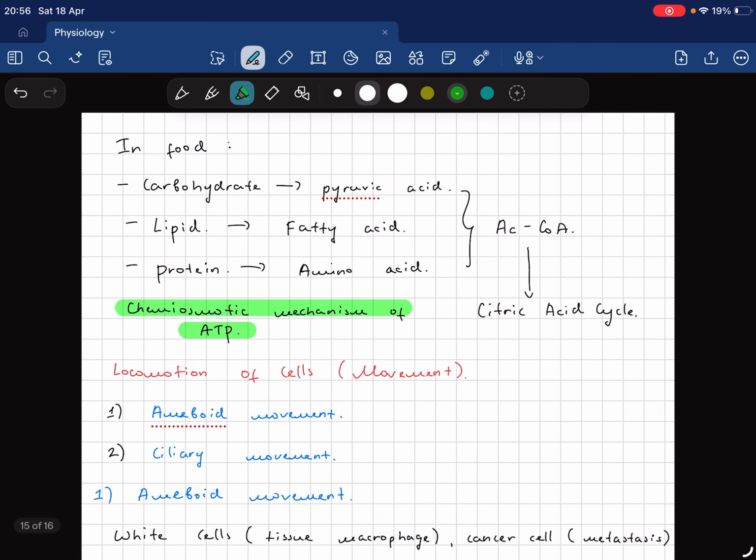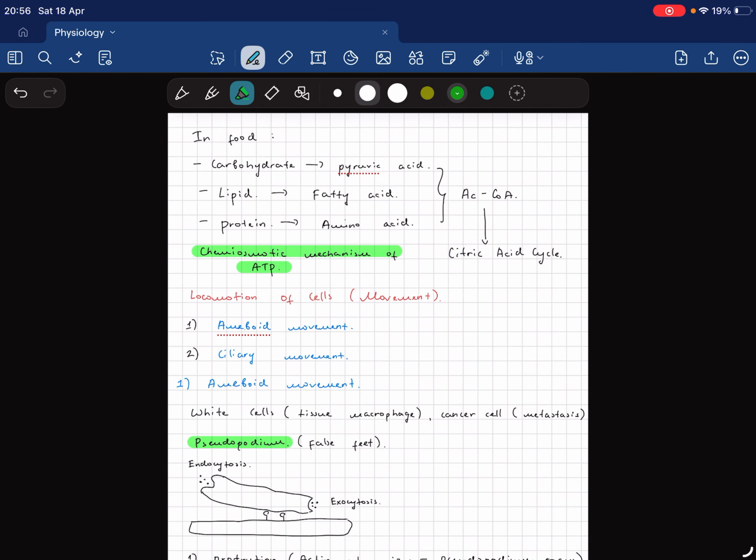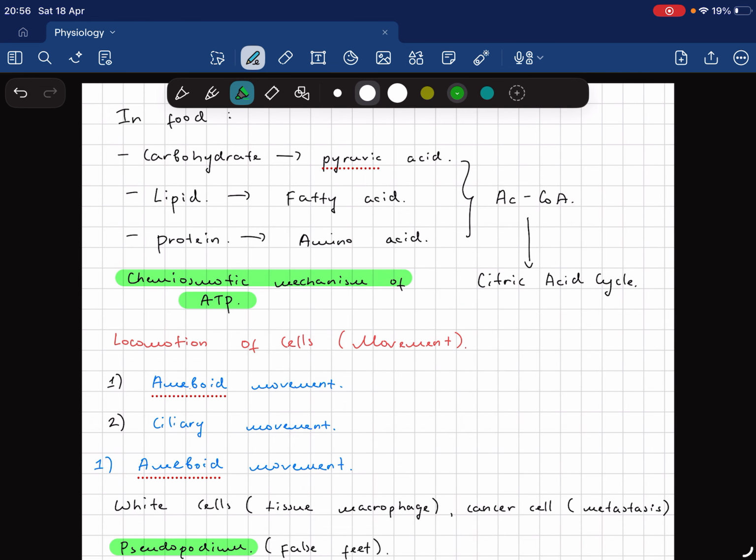Next, in food we take carbohydrate, lipid, and protein. For example, the carbohydrate, we break it down into glucose and then glucose to pyruvic acid, and lipid to fatty acid, and protein to amino acid, right?